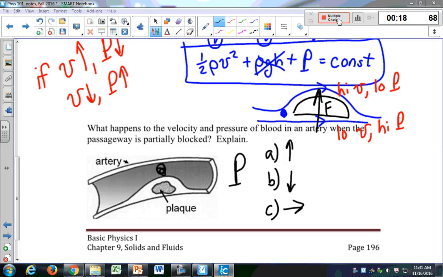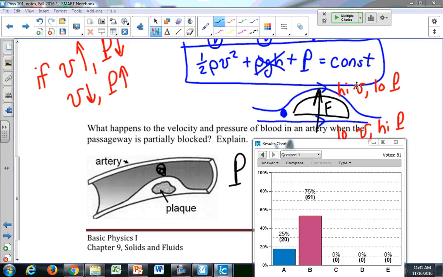All right, what happens to the pressure in this artery when you get buildup right here? All right, we'll stop at 40. Okay, good. B is right.